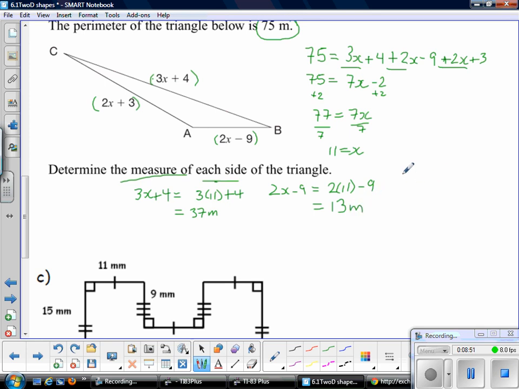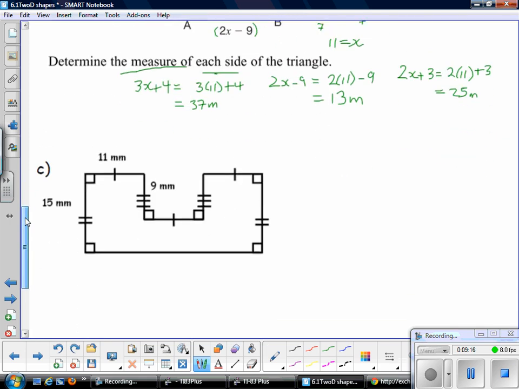And finally, we have 2x plus 3 equals 2 times 11 plus 3, which is 22, plus 3, which is 25. Now, if we've done it correctly, if we add all of those three numbers together, we should get 75.